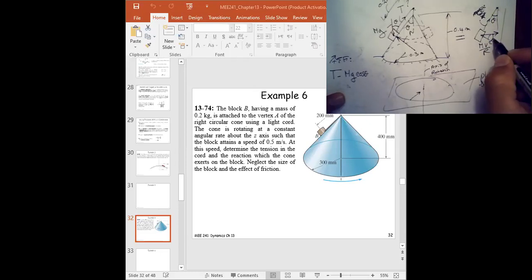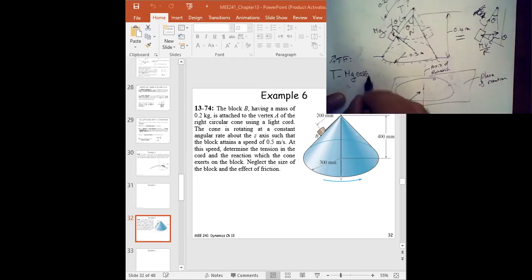Then this guy is theta actually. So if this goes to zero, this goes to zero. So what should I write on the right side of it?